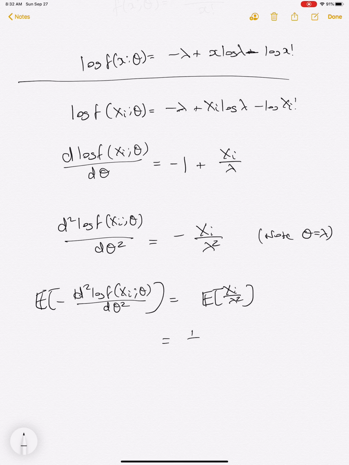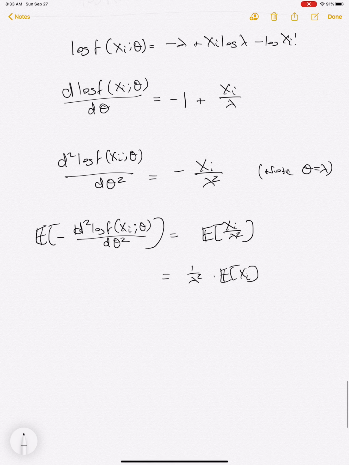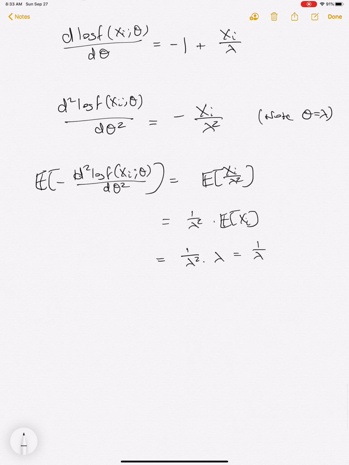So that's 1 over lambda squared times the expectation of x_i. Remember that this is a Poisson random variable with parameter lambda, so this is just 1 over lambda squared times lambda, and so this is just 1 over lambda. Therefore we have that I of theta, which is just I of lambda, is 1 over lambda.